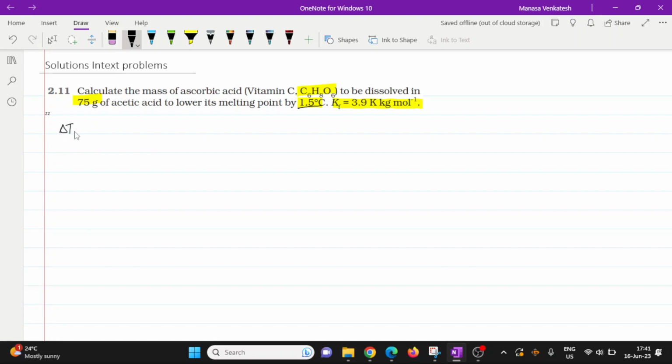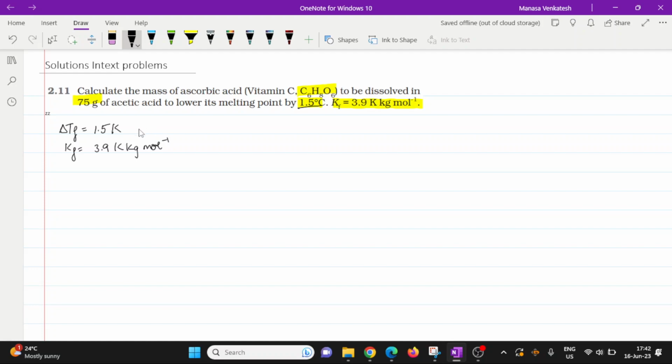So delta Tf is equal to 1.5 Kelvin. And yes, I will consider it to be in Kelvin because if not, the units are not going to get cancelled. And then we have Kf equals 3.9 Kelvin kilogram per mole. This is essentially what we had in the previous question as well.